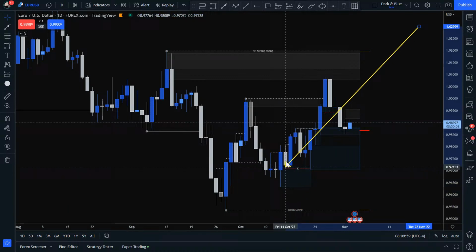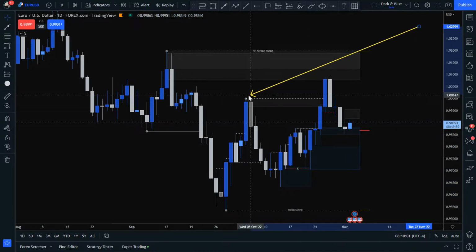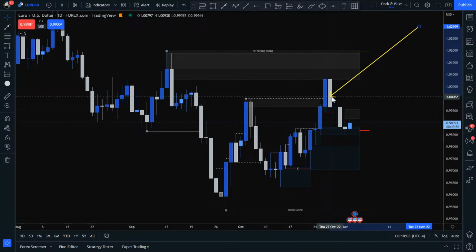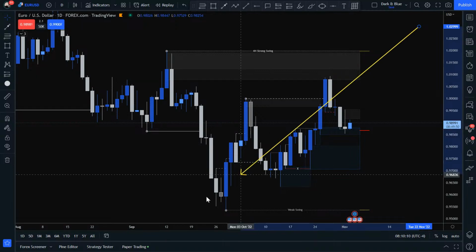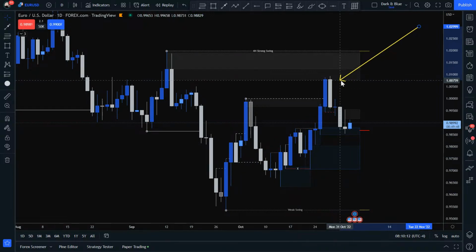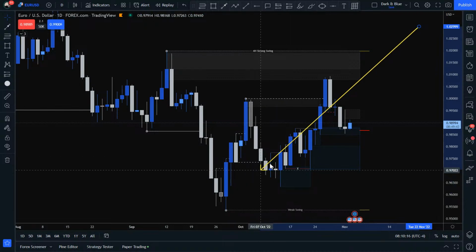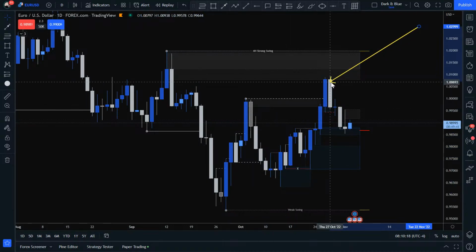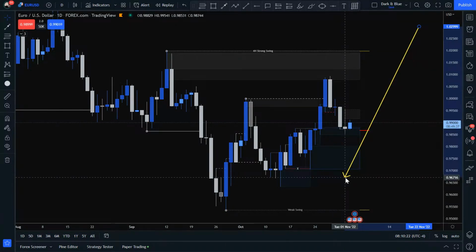That didn't happen. We instead break that market structure to the upside. So we have a higher high, a higher low, and a higher high. That is just telling you that the internal structure is bullish and that we pulled back into premium price where you want to take shorts as opposed to taking longs in discount.